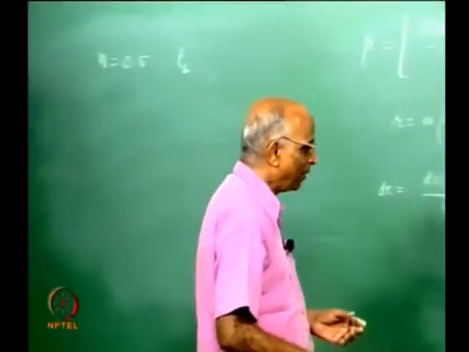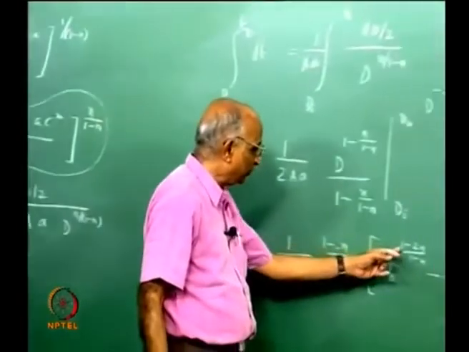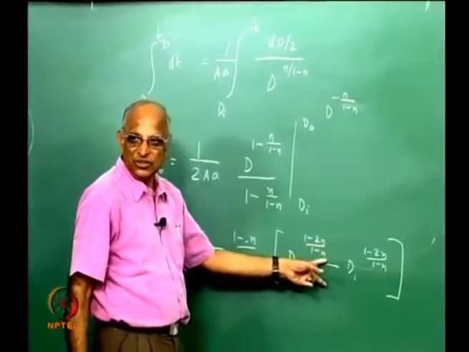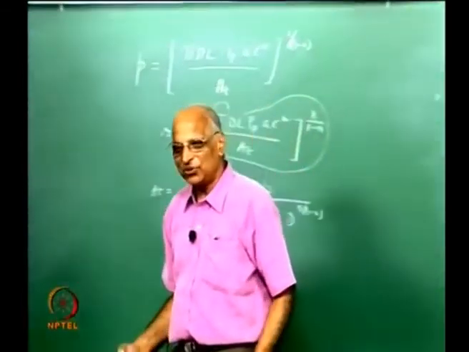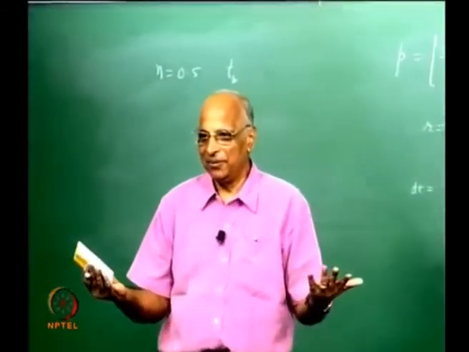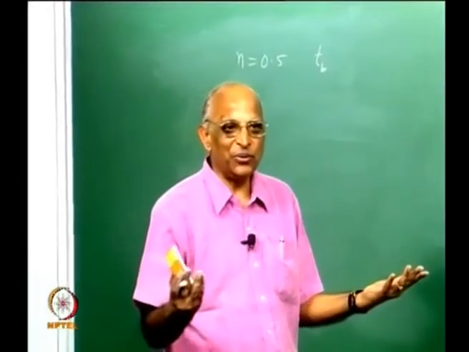Let us do it. 1 minus 1 is 0. So there is a problem. That means why is it not usable? Can we ask ourselves what has gone wrong? We have done it correctly, but it is not working at n equal to 0.5. Why?